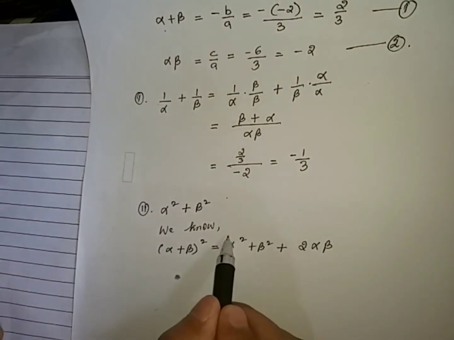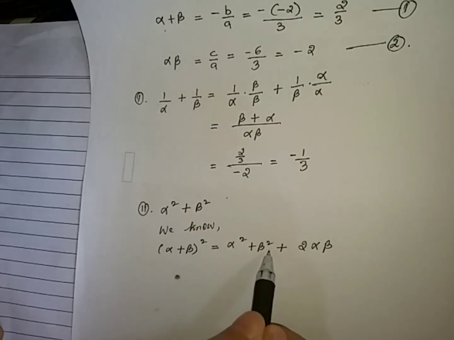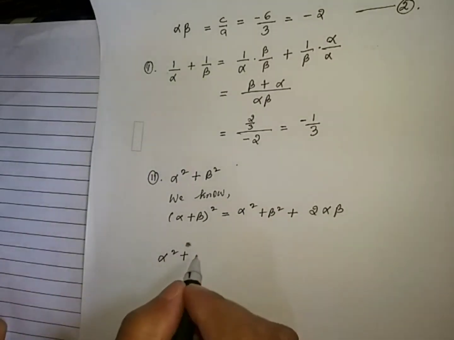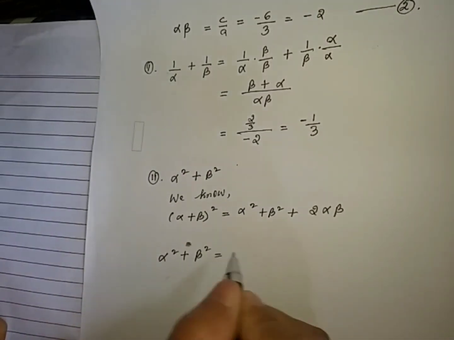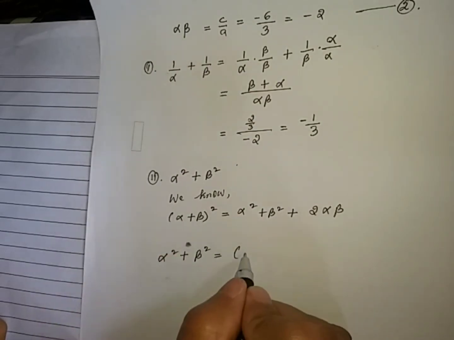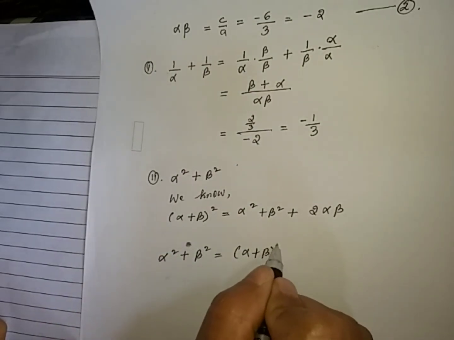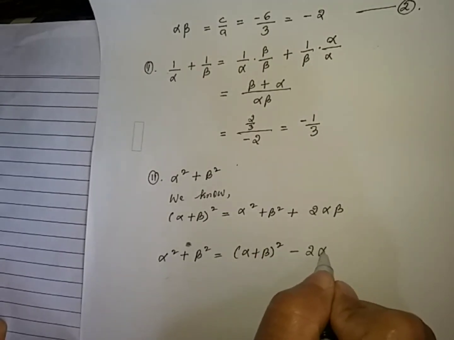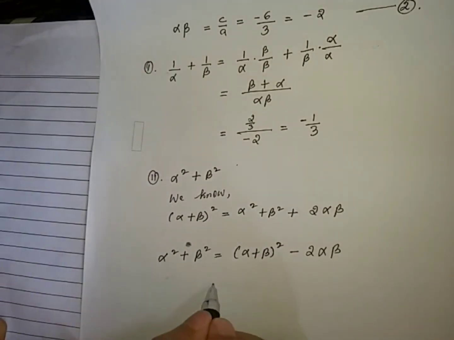But what we need is these terms here, so let's keep them on one side. Then it will be equal to alpha plus beta whole thing square, minus 2 alpha into beta.